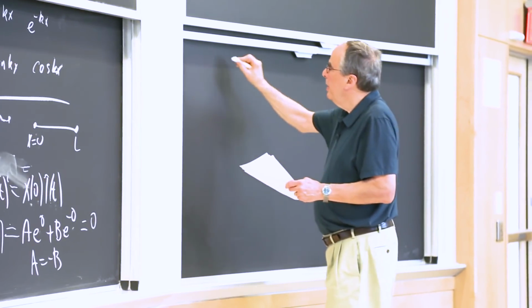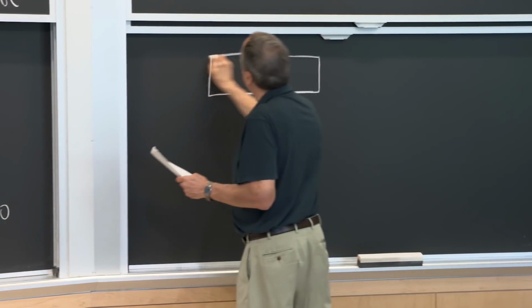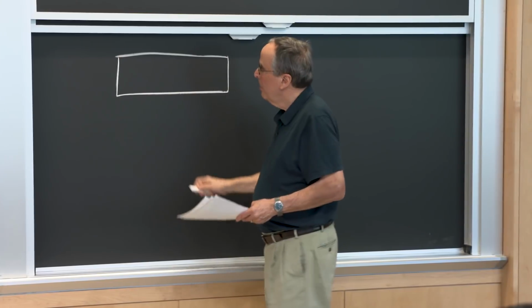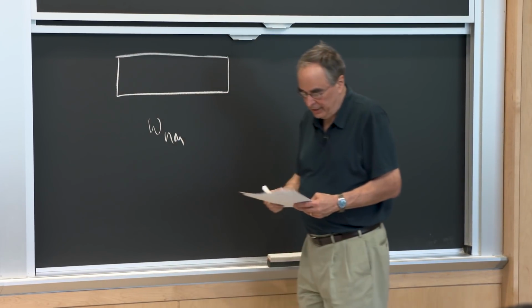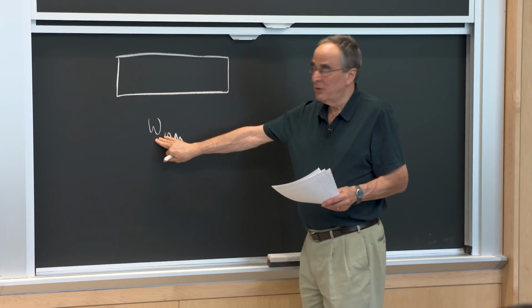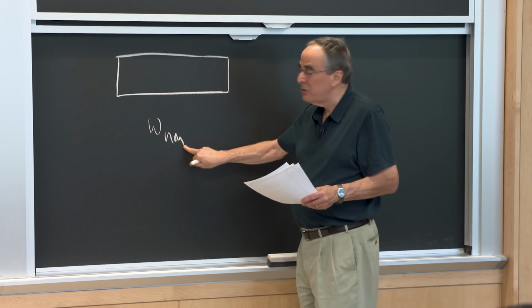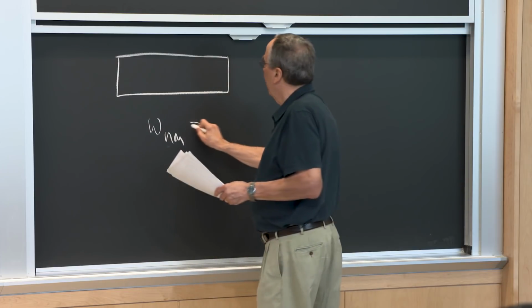And suppose we have a rectangular drum. Well, solving the differential equation for this rectangular drum gives you a bunch of normal mode frequencies that depend on two indices.